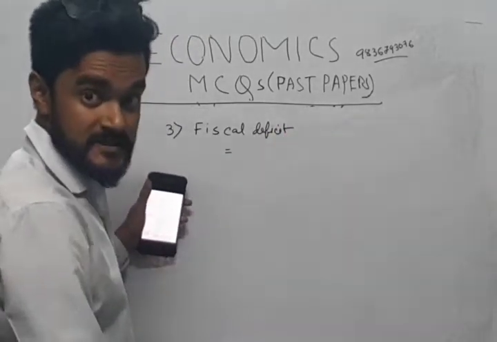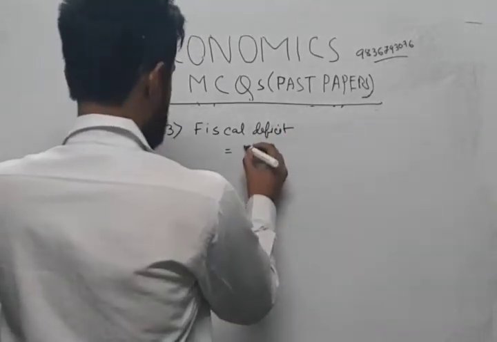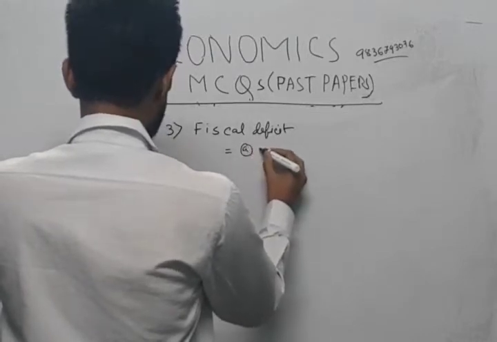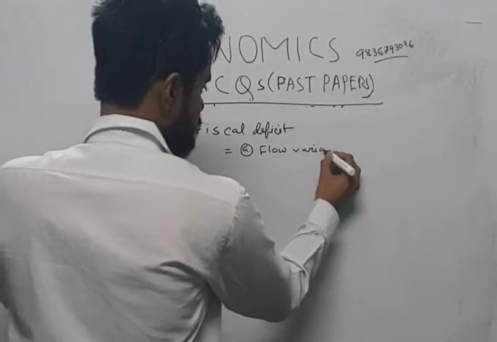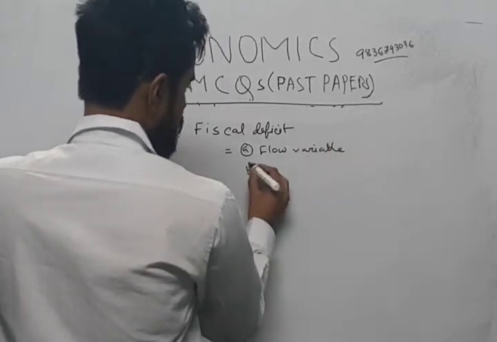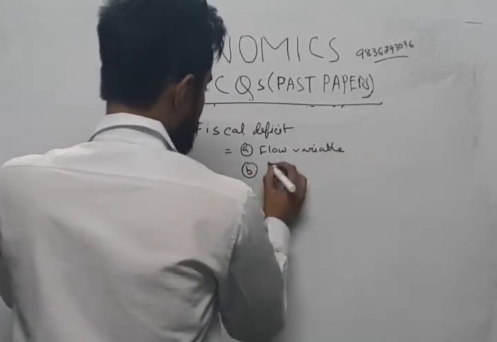Option A is flow variable. Option B is stock variable.